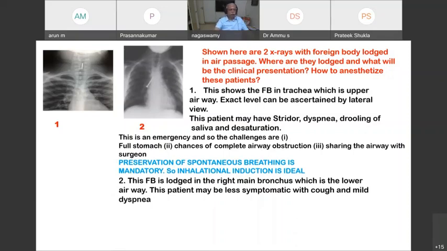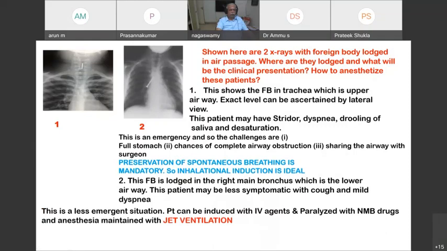Even if you intubate and ventilate the child, even if it goes further, what will happen? It will go and get infected somewhere. But the upper airway and the other lung are all patent. So there is no immediate danger in that. It may cause a little bit of collapse, then later on pneumonia and all those things, but this is not as life-threatening as this one.